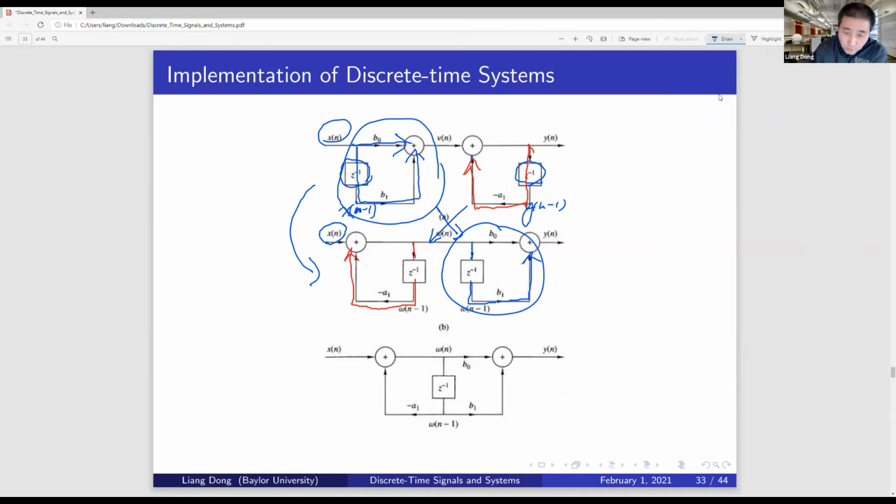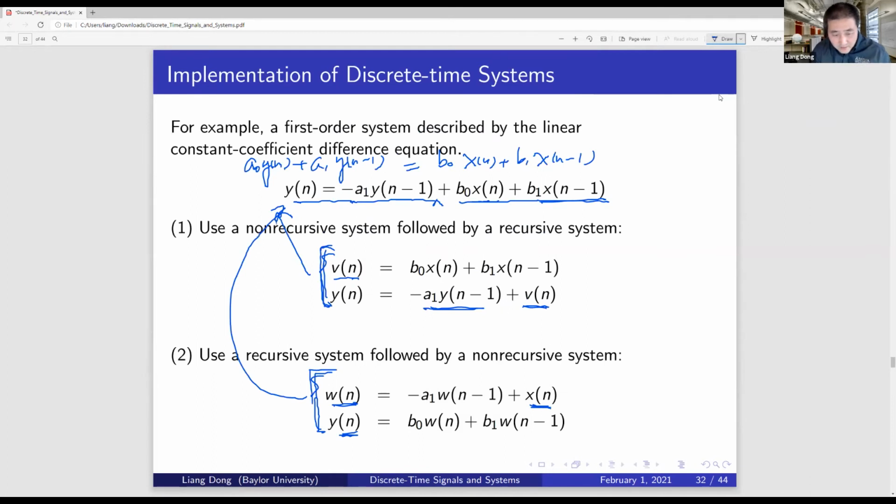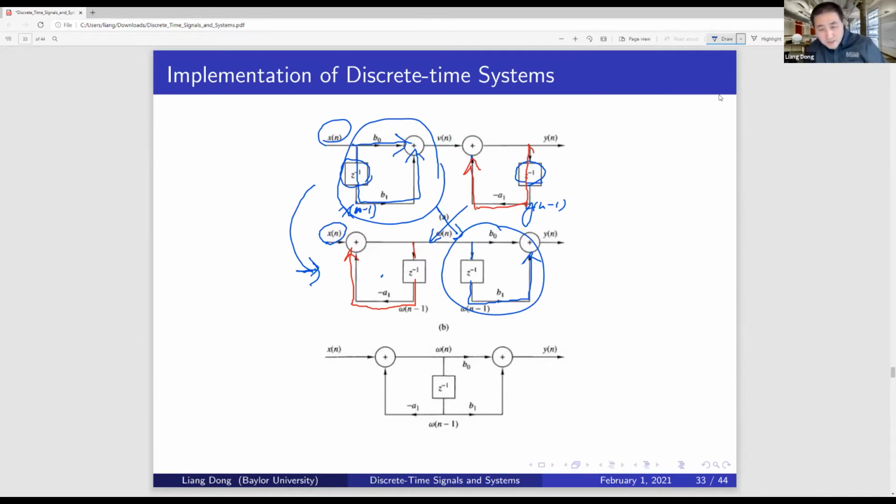Then, using the second figure, figure B, we can check the difference equation representing it, and we get exactly the second equation here. Therefore, it represents the same system. So that is my method of proving why number 2 is also a valid implementation.